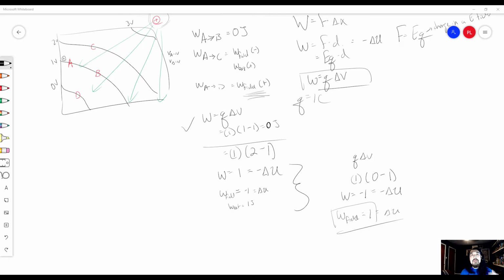If the charge is doing what it should be doing, that means the field is doing positive work. If the charge is not doing what it should be doing, that means the field is doing negative work, and vice versa. That must mean there is some other force causing the charge to do what it doesn't want to do. As long as you keep that in mind and apply it to these signs, it should work out.